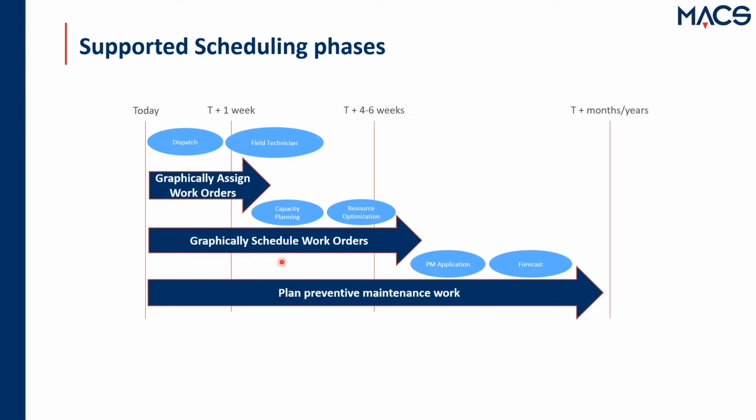And when you go even further than that, it's about planning preventive maintenance work. Of course, you will need the PM application for that, and the functionality you will use is the forecast functionality. So then you really have the ability to make a very long-term plan based on forecasting. And then you're talking about scheduling work for multiple months or even years.